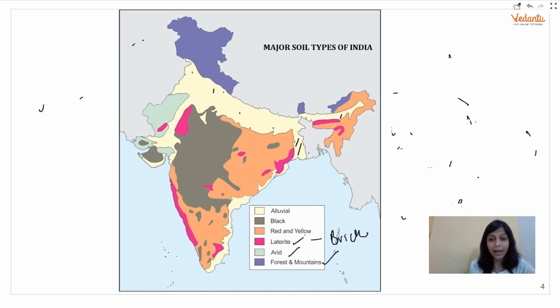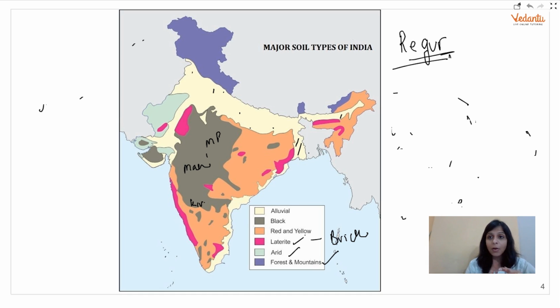Black soil is basically spread in Madhya Pradesh, Maharashtra, some parts of Andhra Pradesh, Telangana, even Karnataka, and parts of Gujarat. You can mark black soil with ease, that's not going to be a problem. It is also known as Regur soil.